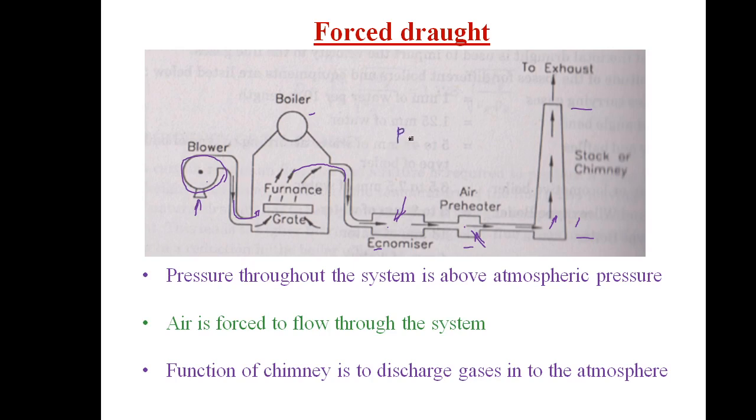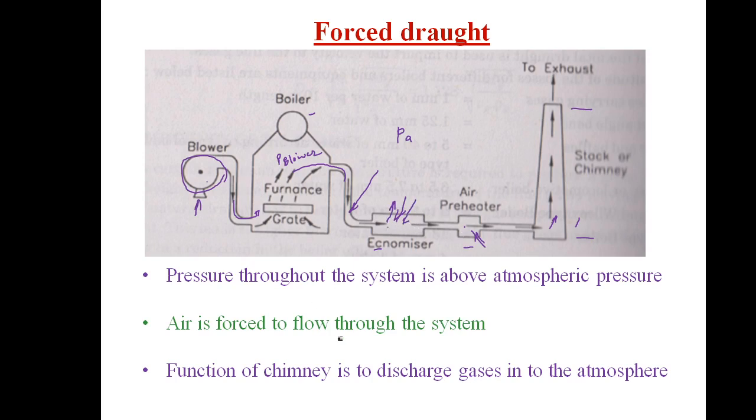Say PA is atmospheric pressure, and the pressure created in the combustion chamber is PB, the blower pressure. Since the pressure is greater than atmospheric, there is no chance that atmospheric air will enter the flow path of hot gases. If there is a leakage, gases may come out, but no gas from outside will enter the system, as the pressure in this system is above atmospheric pressure.